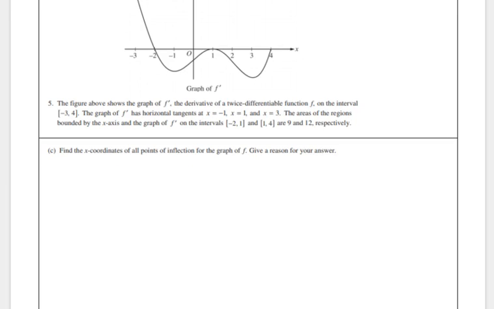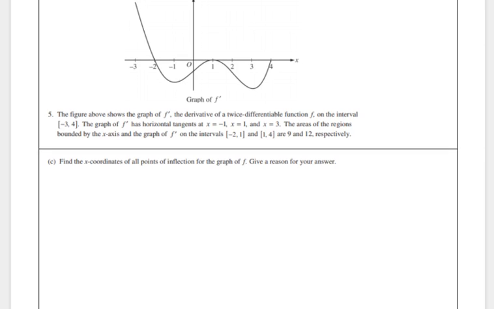Part C asks you to find the points of inflection of the graph of f. So if I'm looking for points of inflection, I know that I'm looking for where the second derivative changes sign. And since I'm looking at the graph of f prime, this means that I'm looking for the slope of f prime to change sign.